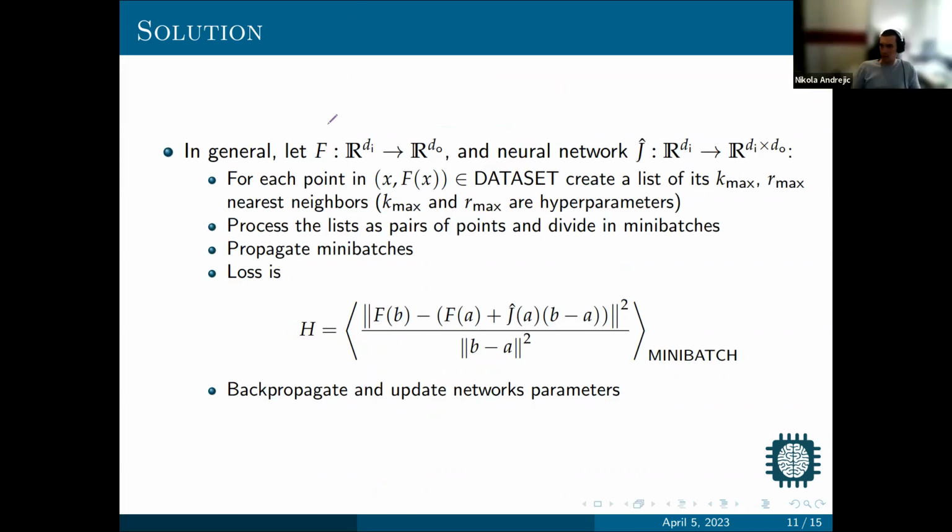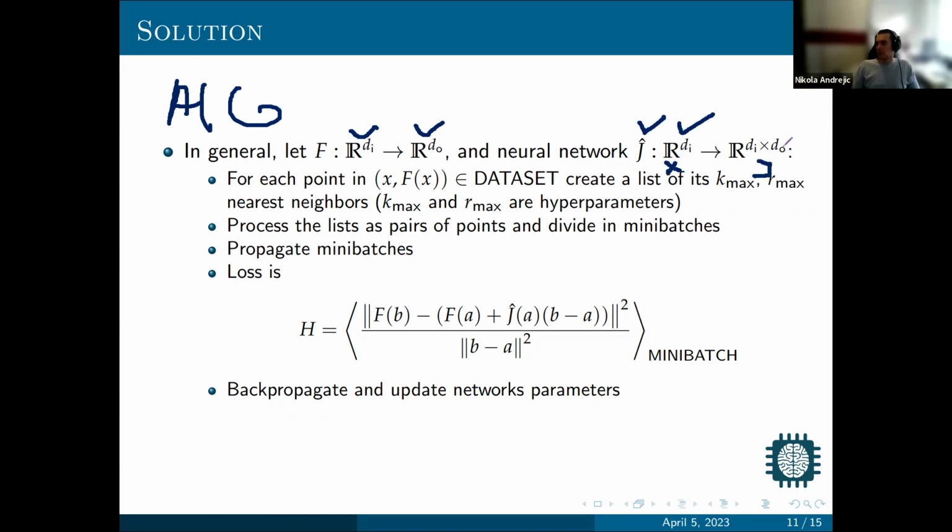Okay, so this is the general algorithm that I describe here in some brief points. In general, let's take a function with di inputs and do outputs, and the neural network that is supposed to approximate the Jacobian, i.e. it has di inputs, so this is x, right?